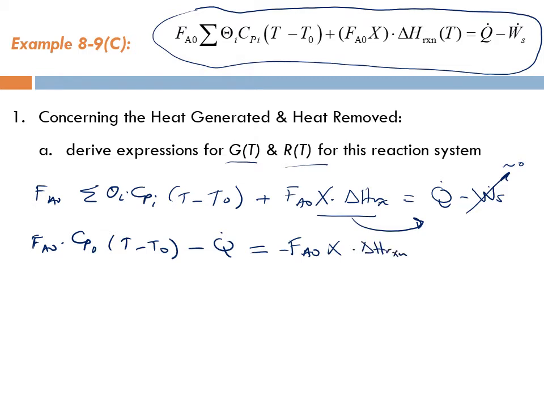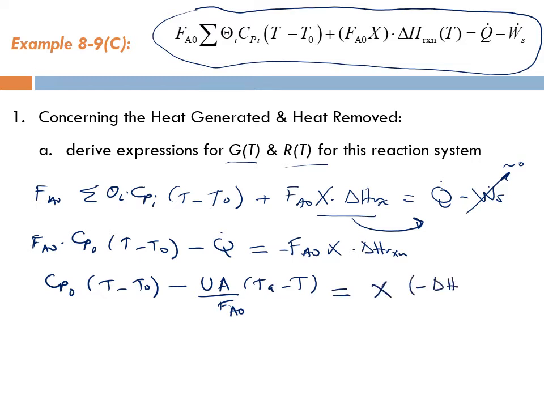We can divide by F_A0, and we'll have C_P0 times (T minus T_0) minus Q dot over F_A0. How do you quantify Q dot? You quantify it as U times A times (T_a minus T), where T_a is the outside temperature and T is inside, divided by F_A0, equals X times minus delta H reaction.